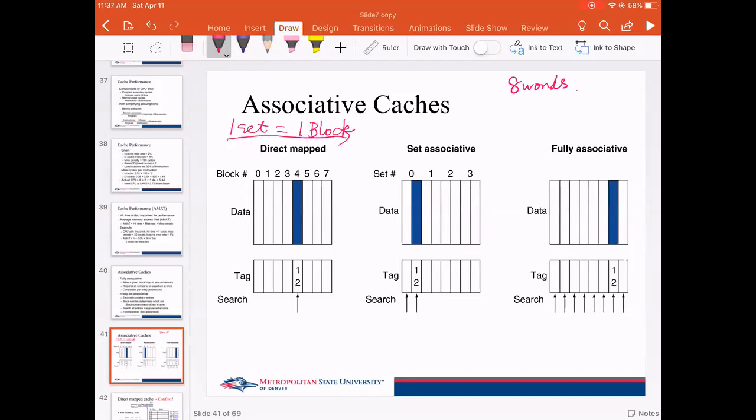Suppose you have 8 words for your cache capacity, and then the 9th location will map to the first location again, right?